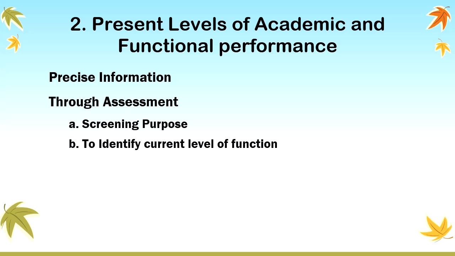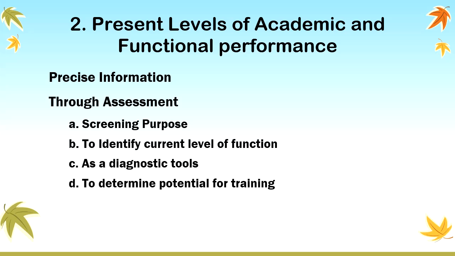The second reason is to identify the current level of function, to compare the child's potential with a group of similar age. The third reason is that it acts as a diagnostic tool to identify the reason behind the low performance. The fourth reason is to determine the potential for training, to confirm that there is no major obstacle that will prevent improvement in a specific area.